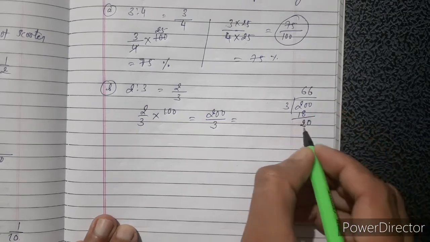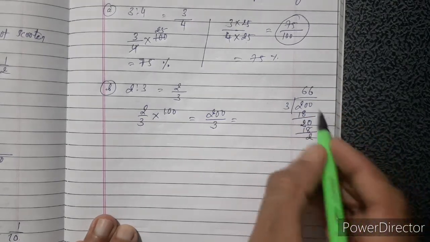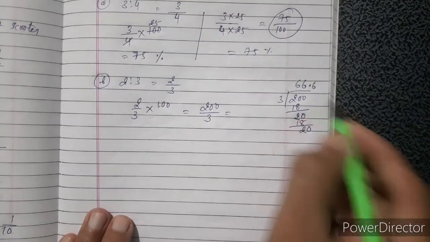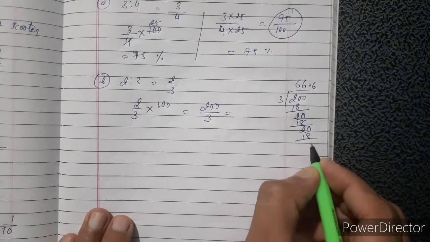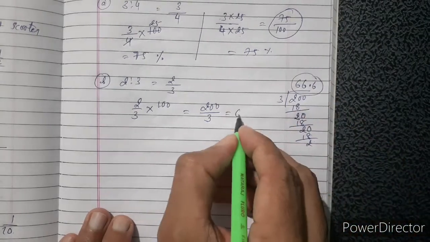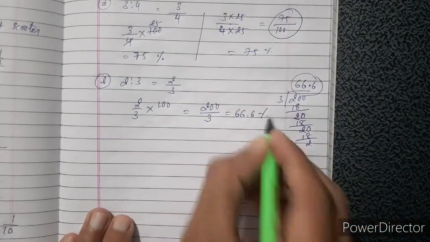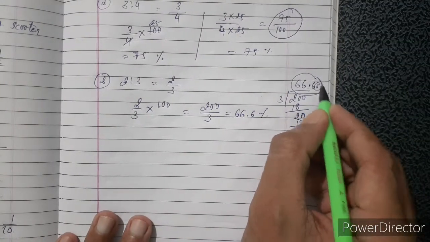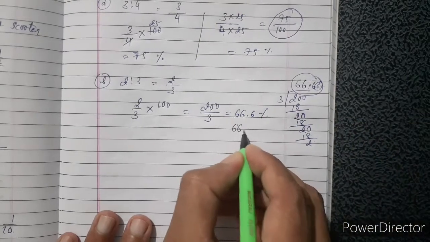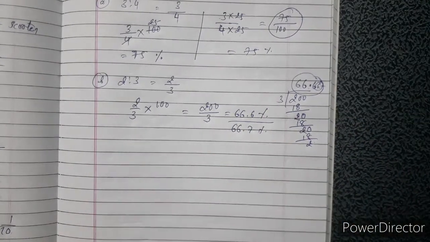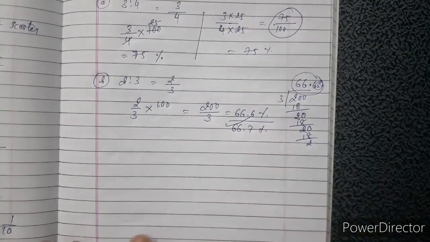Again 3 6s are 18, again 2. Now no number is there, so put a decimal and here 0. Again 6s are 18, 2. It continues, so we write 6.6%. Otherwise 6.66 continuously, so the next number is 6, so 6.7%. Clear? That's your answer.